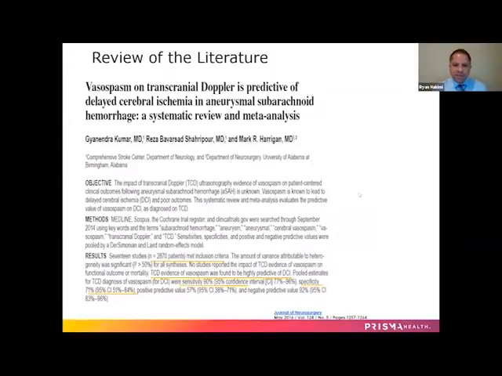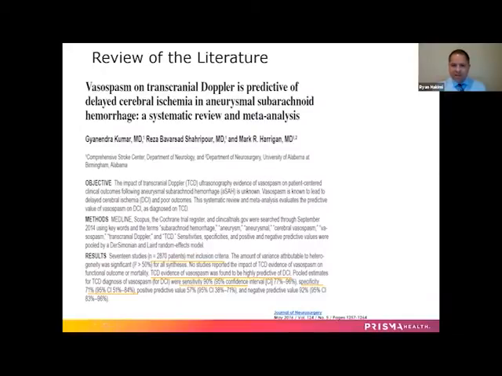So the best literature on TCD is this review article from Gyan Kumar, who's currently at Mayo Clinic in Scottsdale, and his colleagues at the time at UAB, who did a very thorough meta-analysis.